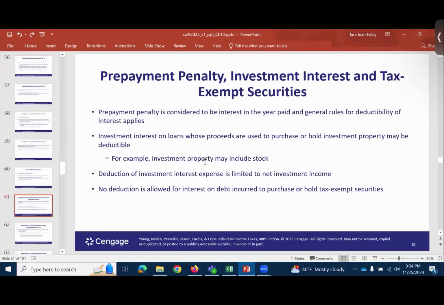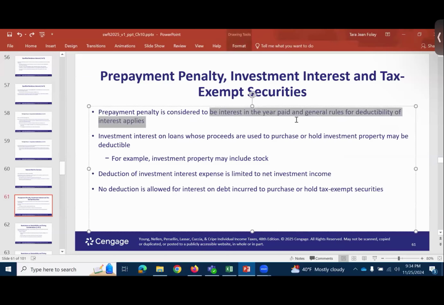They'll have a rule that if you want to prepay your mortgage, you still have to pay the difference of the 5 years that you wouldn't have paid. So it's called the prepayment penalty, but it's really considered to be the interest that you would have paid in the next 5 years, but you're paying it all up in 1 year. So that is deductible in the year when you pay it.